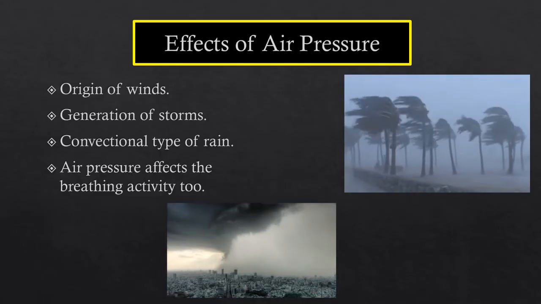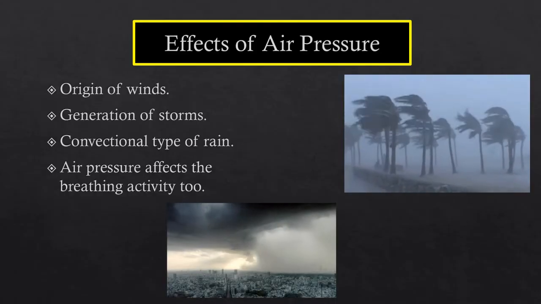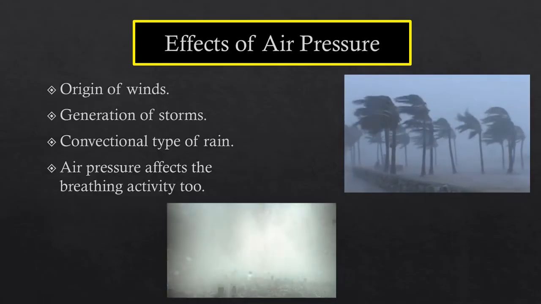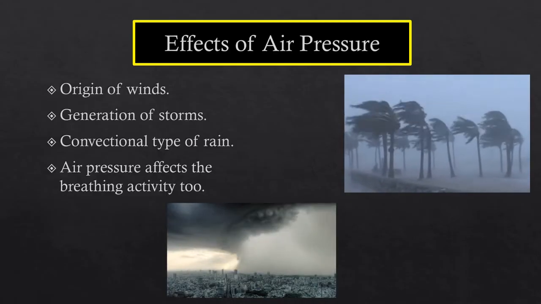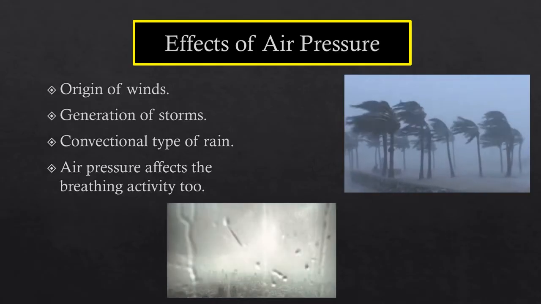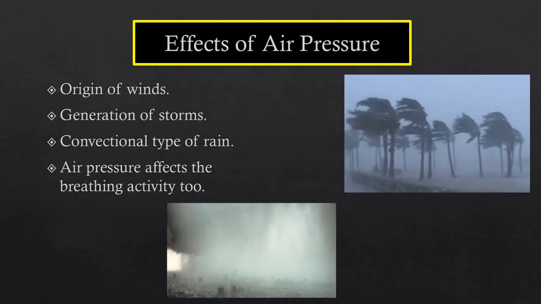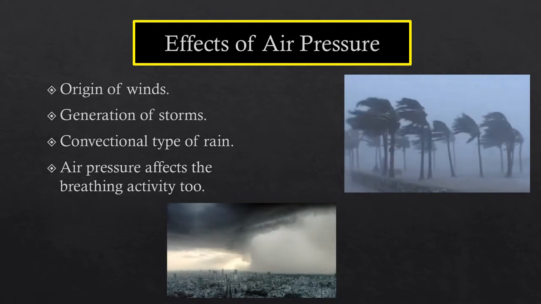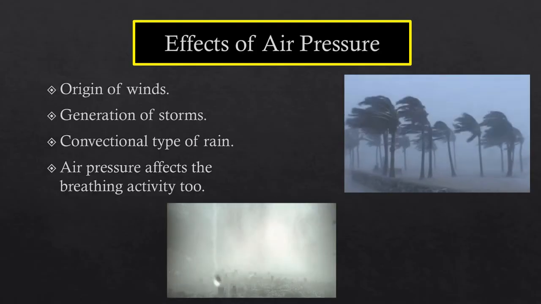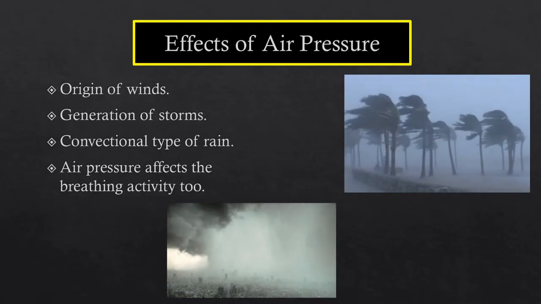Next is the generation of storms. A storm is any disturbed state of a body, especially affecting its surface, and strongly implying a wind force. A storm can cause significant disruptions and lightning, heavy precipitation, heavy freezing air, strong winds, or wind transporting some substance through the atmosphere, as in a dust storm or a sandstorm.